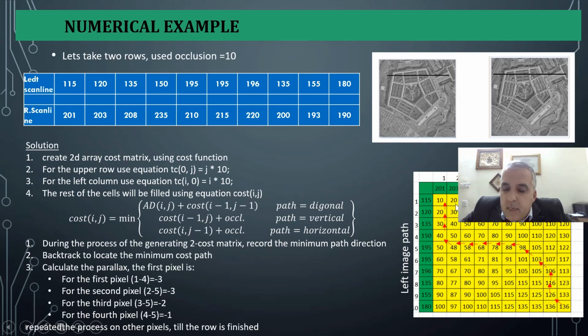It will give us 83, and 83 plus 10 is 93.